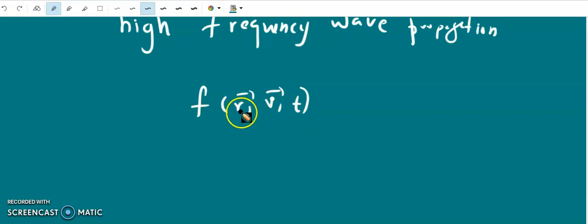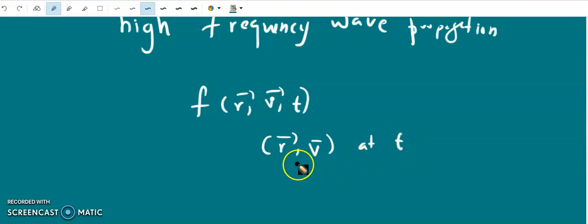But here it's a function of r, v, and t. So it gives the density of the particles in a 6-dimensional space with coordinates r and v at a time t. So this gives the density of the particles in the phase space, 6-dimensional phase space.